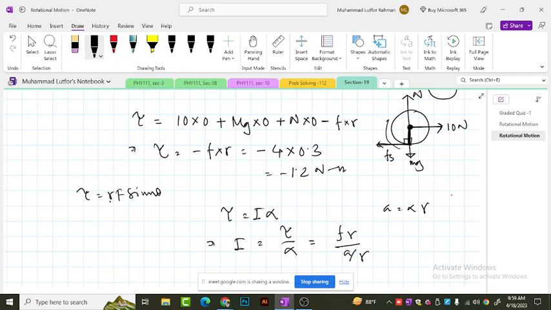For the normal reaction force, it is acting over here, but the angle is basically 0 degrees, so it also passes through the origin, and sine 0 is 0. So the contribution of the normal force is also 0. We only find the torque for this frictional force.